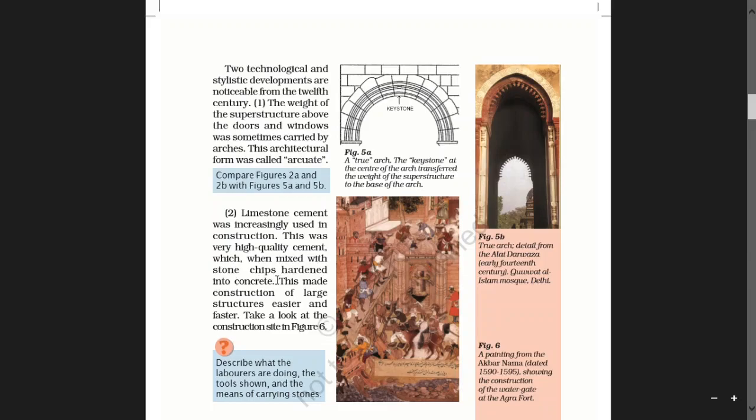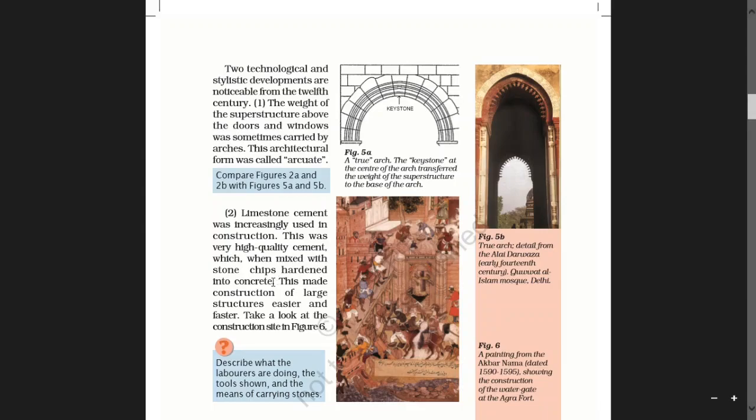You see, boys, this was very good quality cement, and when mixed with stone chips, it hardened into concrete. It becomes like a stone in physical form.